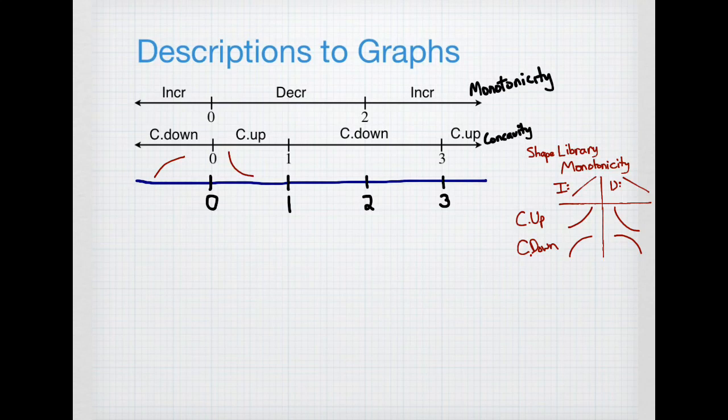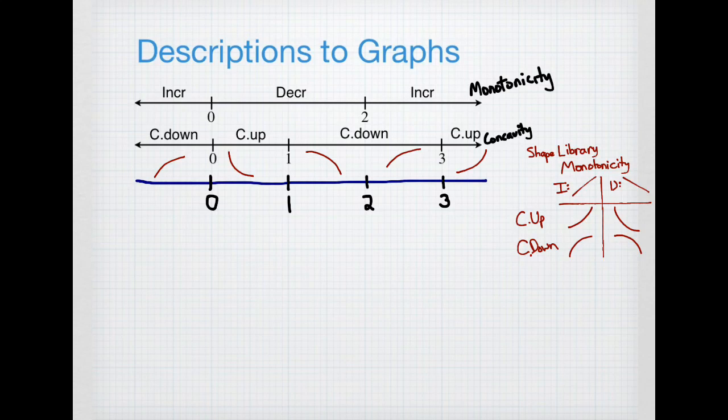Then I'm decreasing and concave down. So decreasing and concave down looks like the third shape. And then I'm increasing and concave down, which is another shape here. Finally, I'm increasing and concave up, which looks like that.